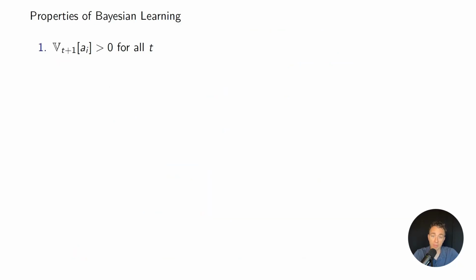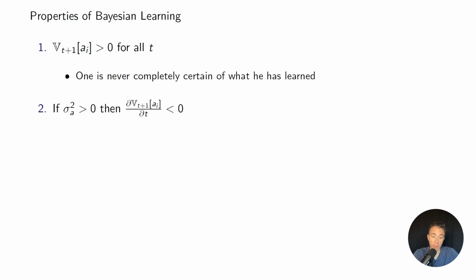What are the properties of a Bayesian learning framework? Well, first is that the agent is never truly certain about their value of A. They can be very, very little uncertain, but they can never be fully certain. Another property is that if there's some variance in A in the population, then as I accumulate signals, my uncertainty about my particular draw of A is going to go to 0.